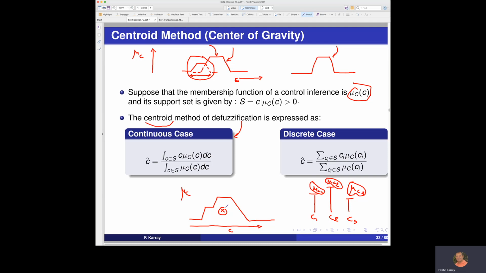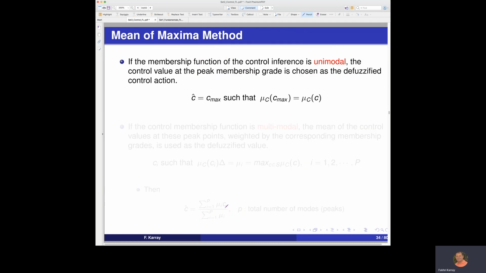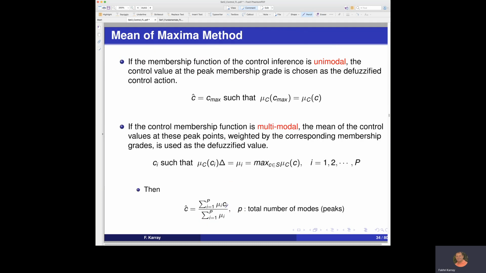There are other approaches that people have utilized in the area of discrete or continuous systems to obtain the value for the membership function. So let's suppose that our membership function in the continuous case is given by this particular membership function for the aggregated values. Okay, so one way of using it, we call it the unimodal type of representation of the system.